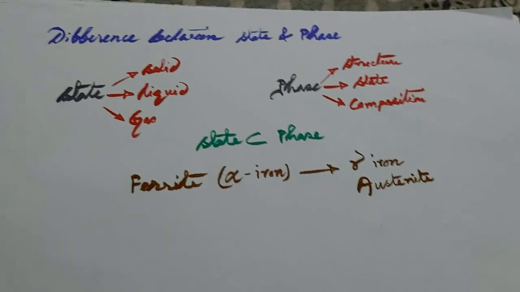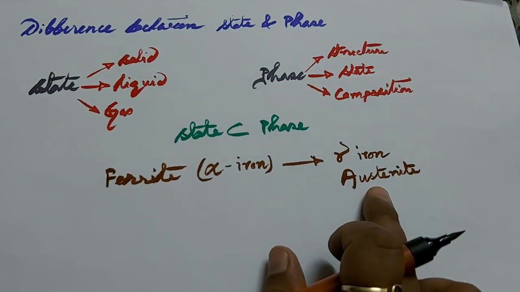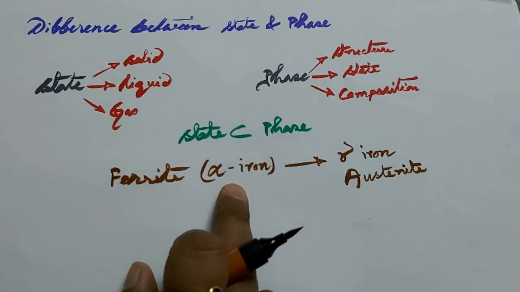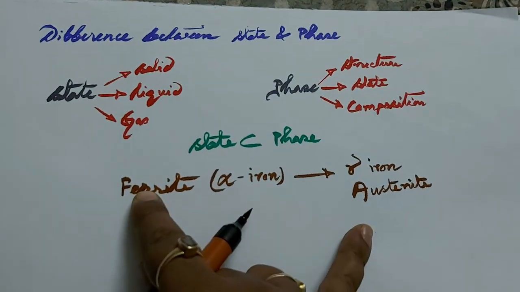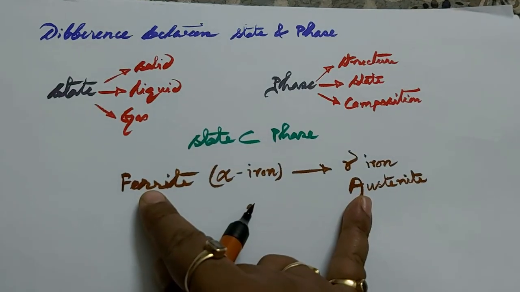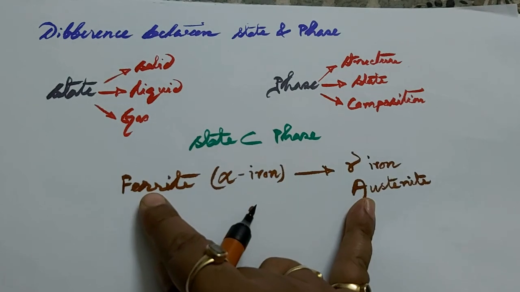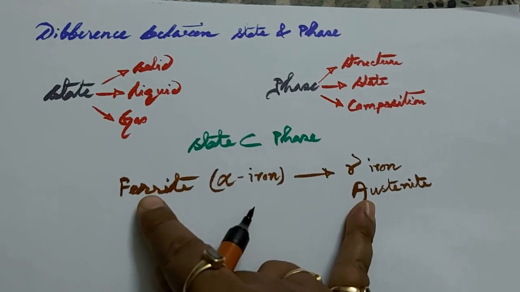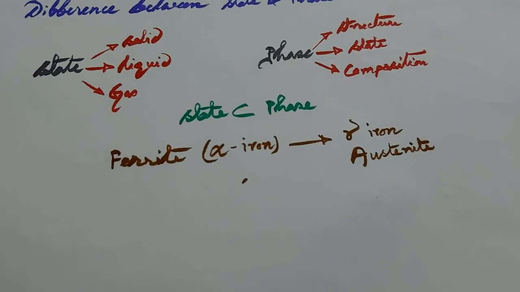So if we consider the state of this ferrite and austenite, ferrite is alpha iron and austenite is gamma iron. The state of both austenite and ferrite are same, as both are solid, but the structure of these two are not same.